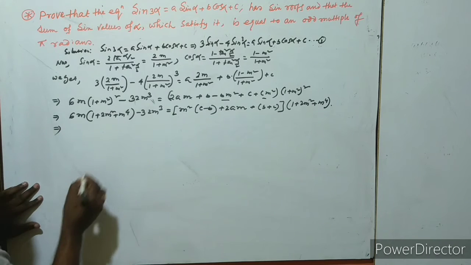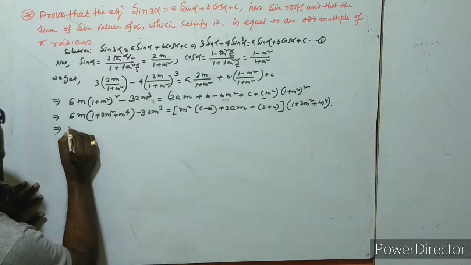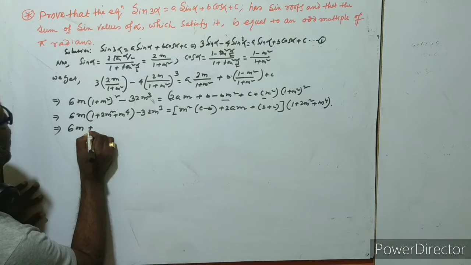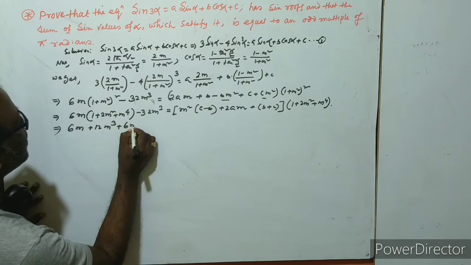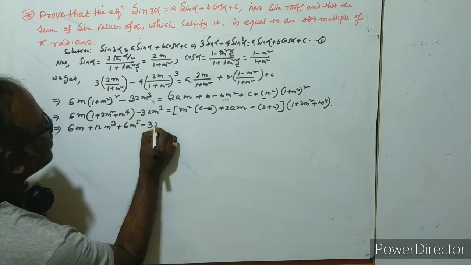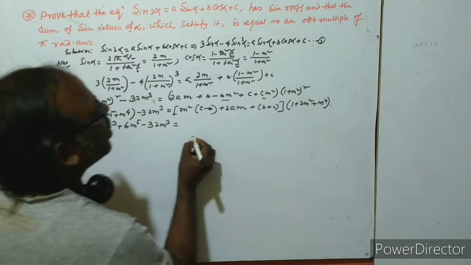Okay, and multiply this 6m: 12m³, 6m⁵, 32m³.